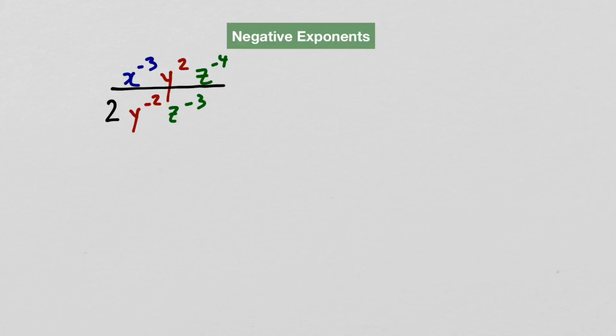So I'm going to rewrite this, and now that is equal to y squared, z cubed over 2 x cubed z to the 4th.